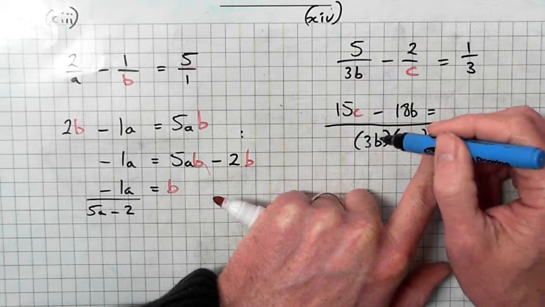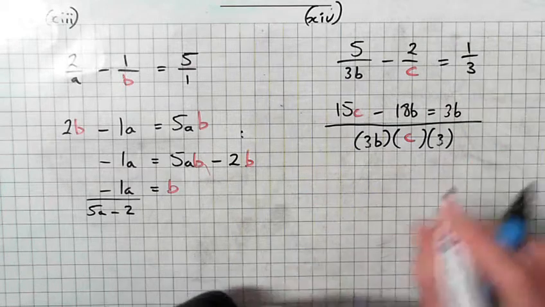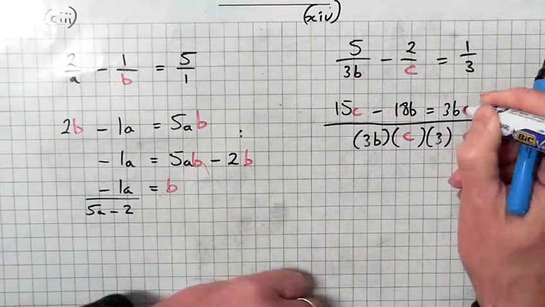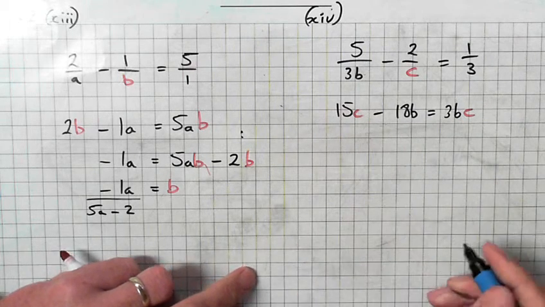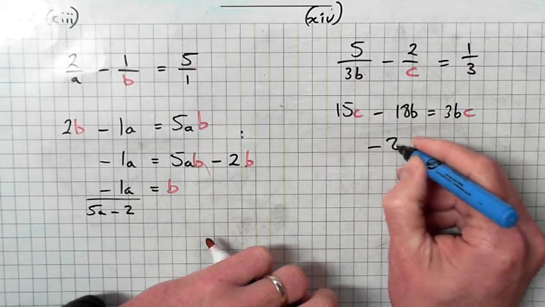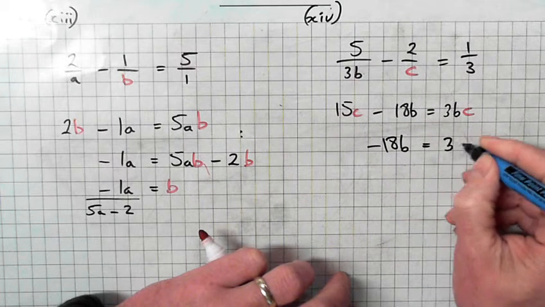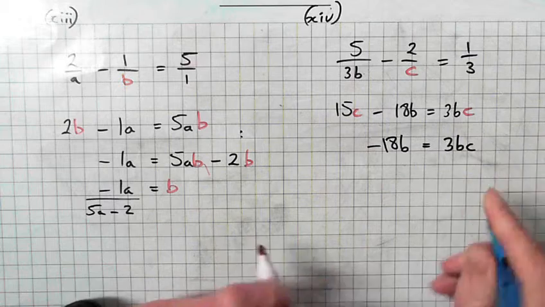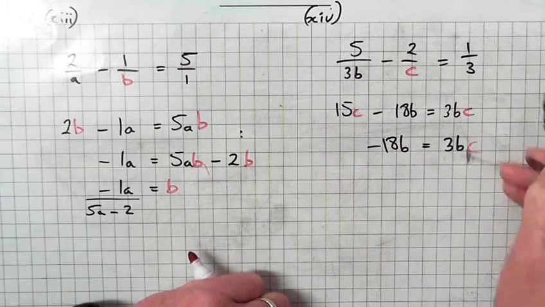So 3bc times 1, 3bc. Okay, forget about the bottom line now. Anything containing a c, move to one side. 3b, that's a c. Move the plus 15c across.